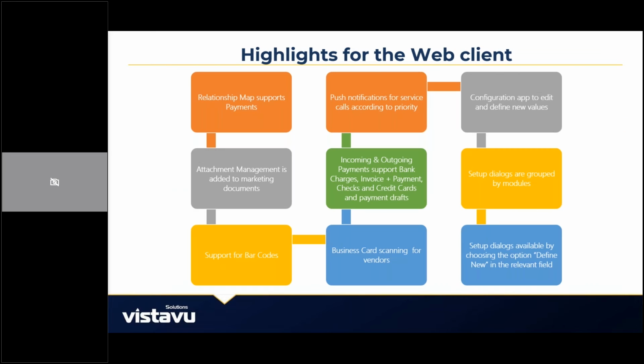Now, as we get into the web client, it has several key enhancements as well. And again, inside the relationship map, which we'll look at when we get into the demo, we now have the ability to see payments. You can actually do attachments directly from the web client, just like you would in the core client. So the documents will allow us to be able to take pictures and also to upload files.